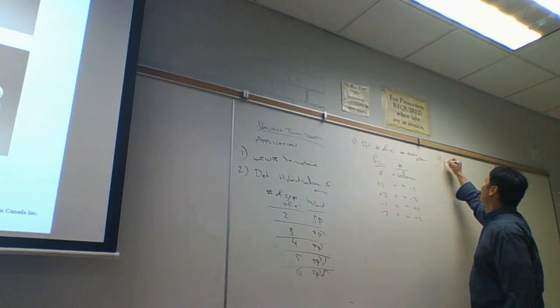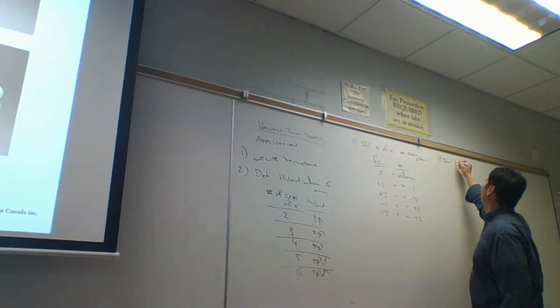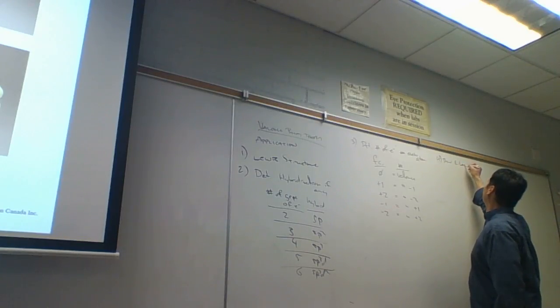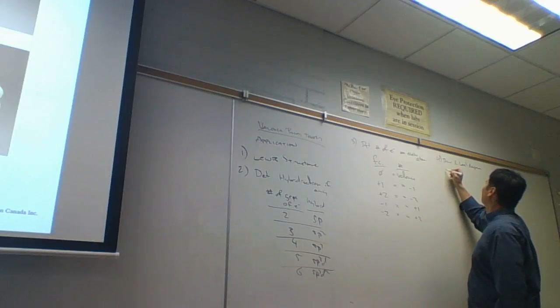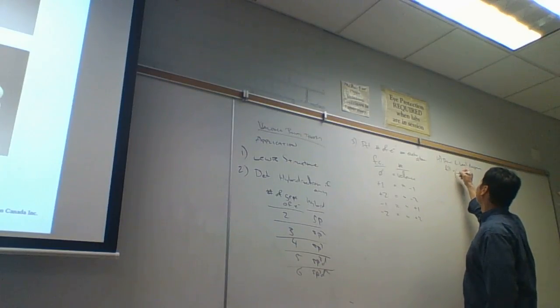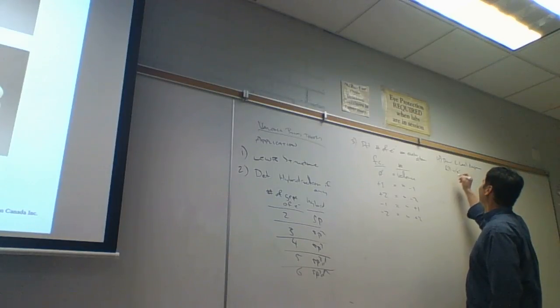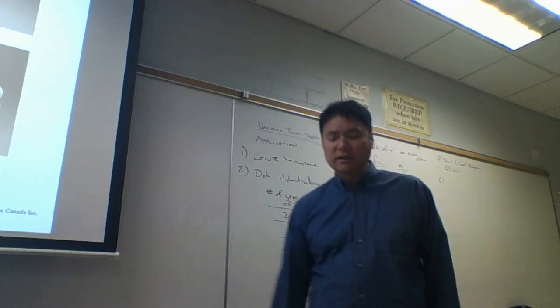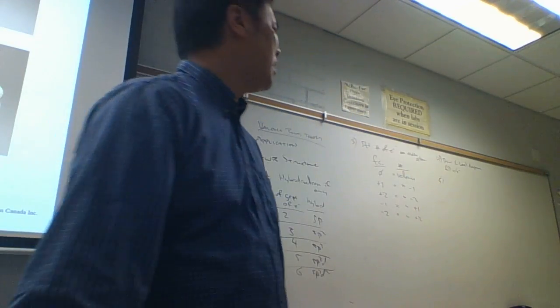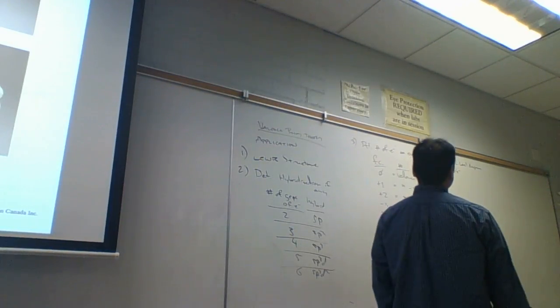Four, we're going to draw the energy level diagram and fill with electrons. Five, we're going to show the sharing of electrons and making a bond in the energy level diagram. So how should I say that?